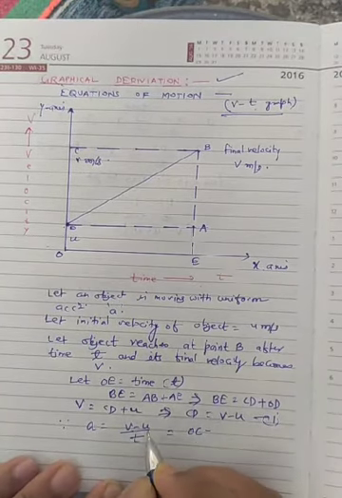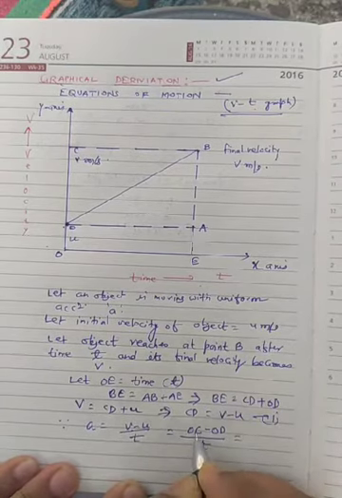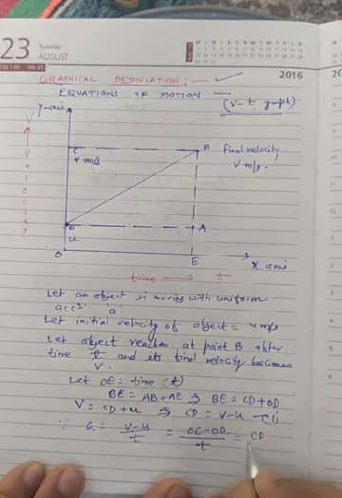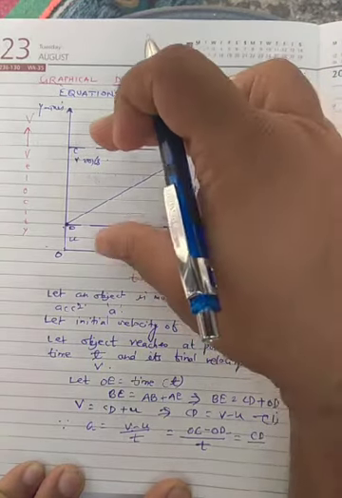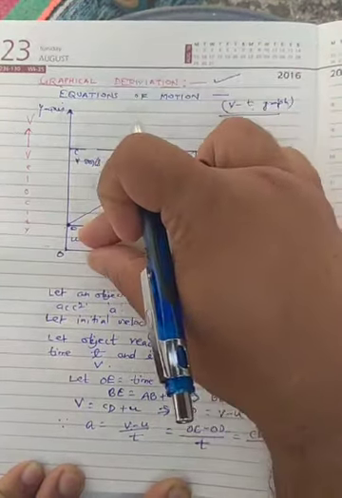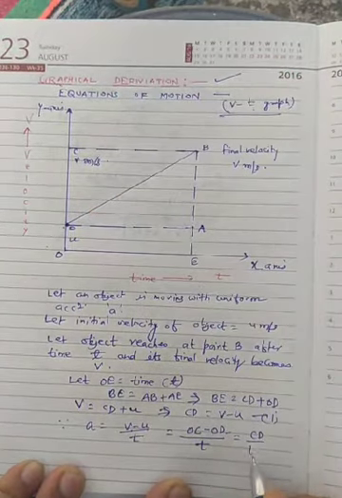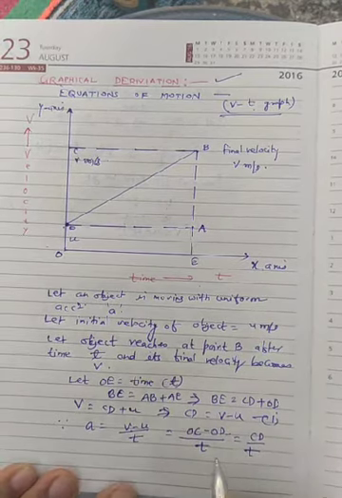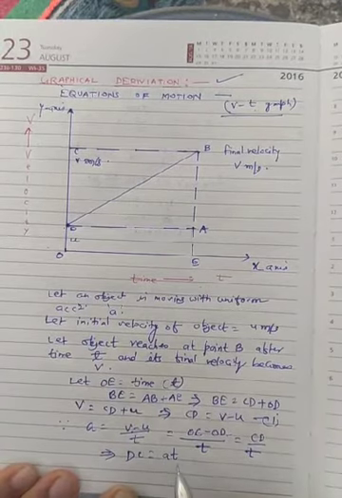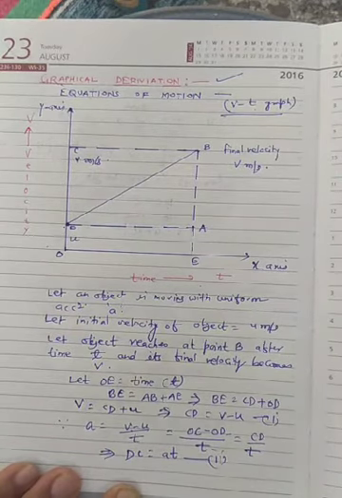In place of u, we can write OD, divided by time. Now, OC minus OD gives you what? CD. See here, this full length is OC minus OD. What is the leftover? CD. So we can write CD by t. So students, which implies DC equals at. Consider it as equation number 2.